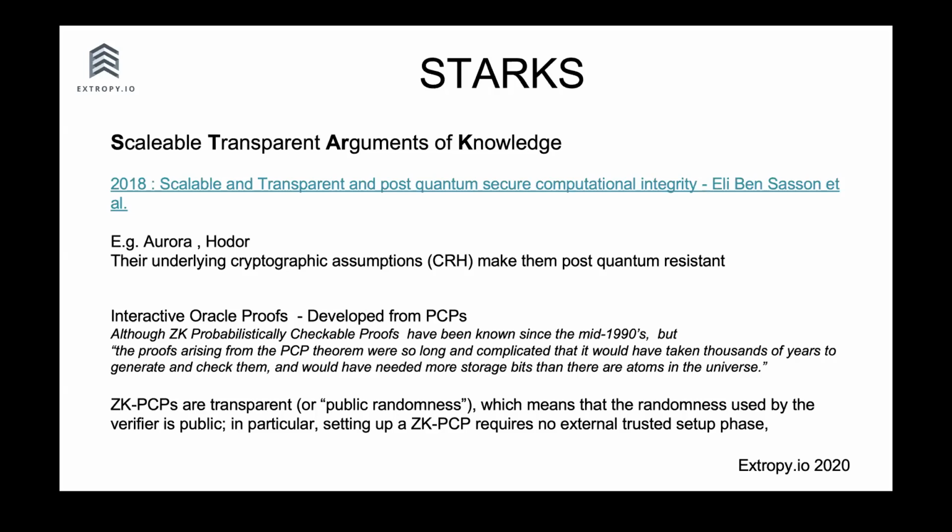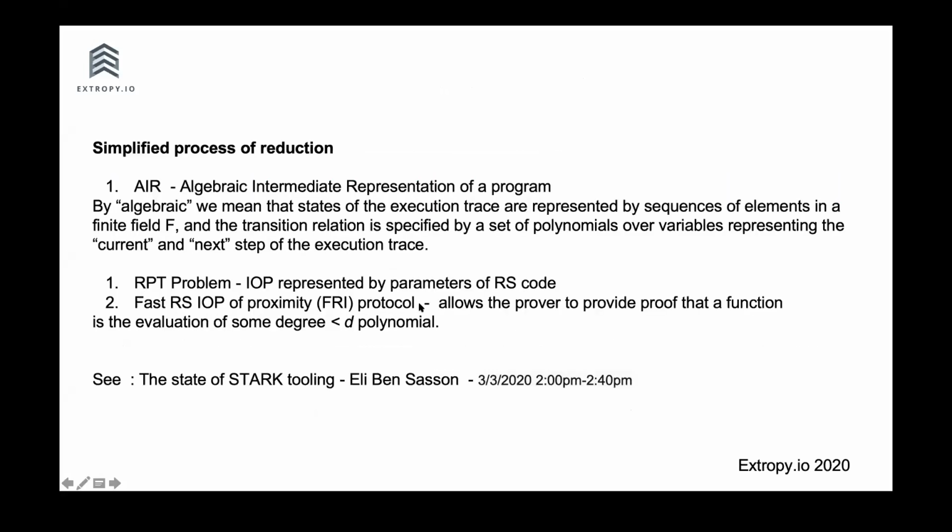And once you've done that, then you can carry on, your prover and verifier can carry on and produce your proving system. And this underlying assumption can be quantum resistant. So you can be sure that STARKs will work even after we have some feasible quantum computing. I won't go into much more details about those.